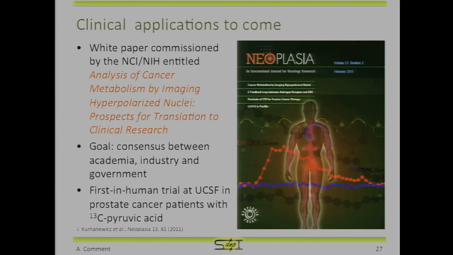The goal was to have a consensus between academia and the industry, because you need a lot of money to develop this technology for clinical applications, as we heard before, for most in vivo human applications. And there is currently the first human trial at UCSF in the US.